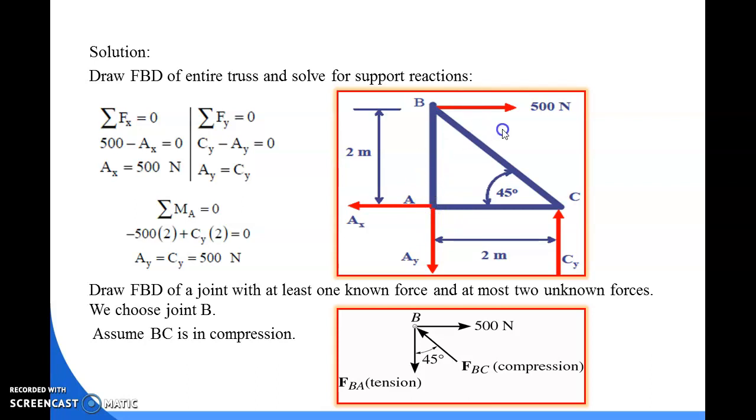Here, one is a horizontal force and another is a vertical reaction.